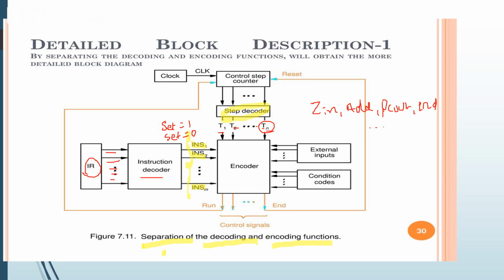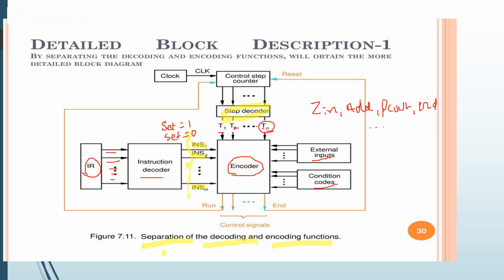The encoder also receives inputs from the step counter, external inputs or condition codes. The required control signal is determined by the content of the control step counter, the content of the instruction register or IR, the contents of condition code flags, as well as external inputs.